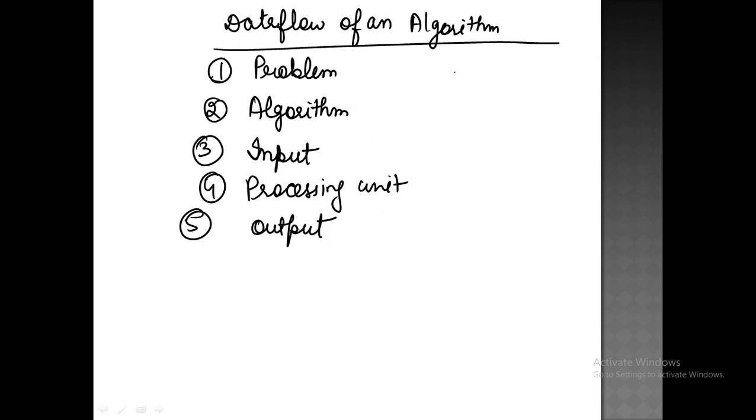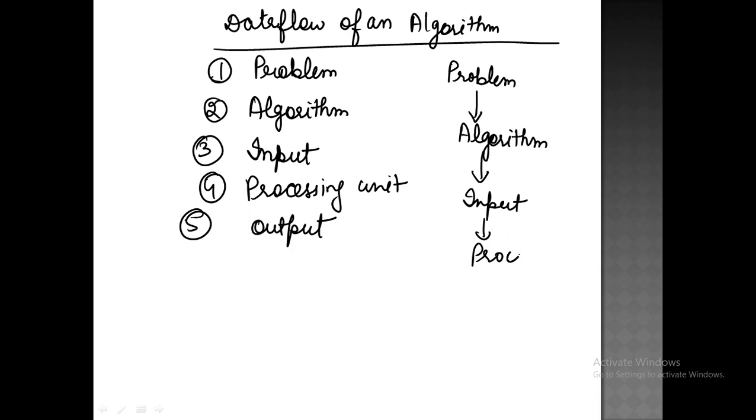First of all, you have to tell what your problem is. Then you will design the algorithm according to that problem. After designing the algorithm, you will give the input and then execute it. That means the processing unit. Then you will find the result at the end, that is known as output.